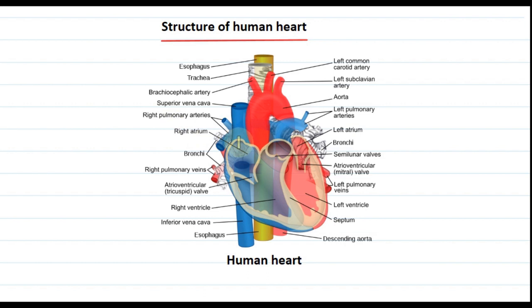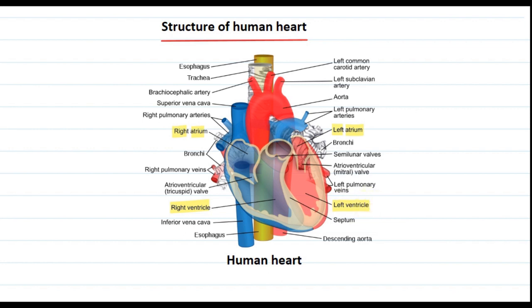There are two atria: the right atrium and the left atrium. Then there are two lower chambers called the ventricles: the right ventricle and the left ventricle.